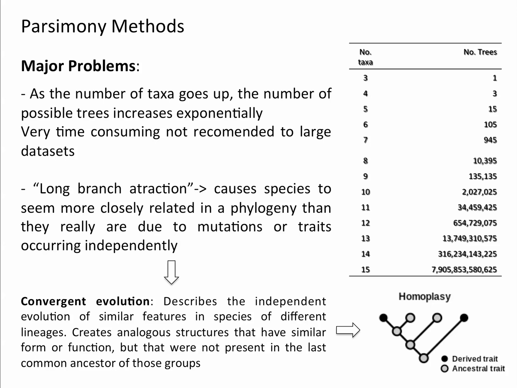Another problem of the parsimony method is known as long branch attraction. This phenomenon occurs for certain species that evolve under convergent evolution, which means that a specific character could evolve to a similar structure in these species, but they do not share a common ancestor. This process is also called homoplasy.